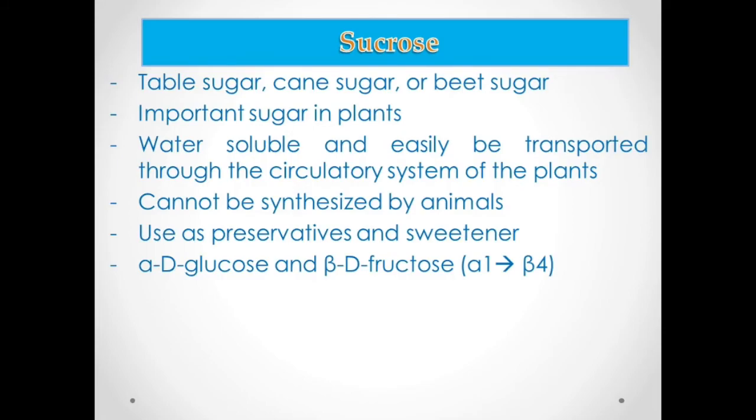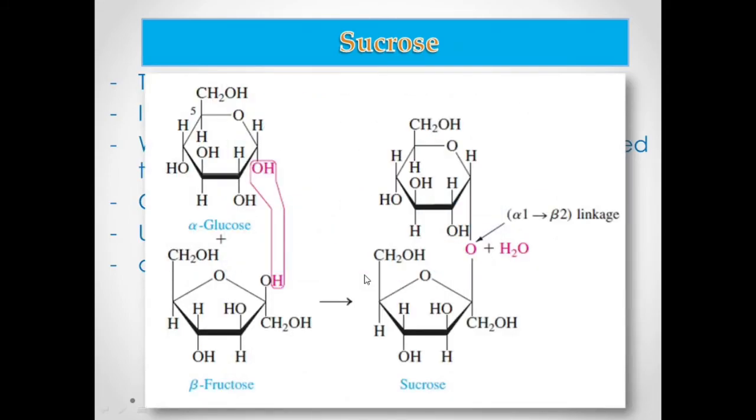If you go to the structural formation of sucrose, it's actually the combination of alpha D glucose and beta D fructose, which are linked together by alpha 1 in alpha D glucose and beta 2 in beta D fructose. So what is the structural formation?